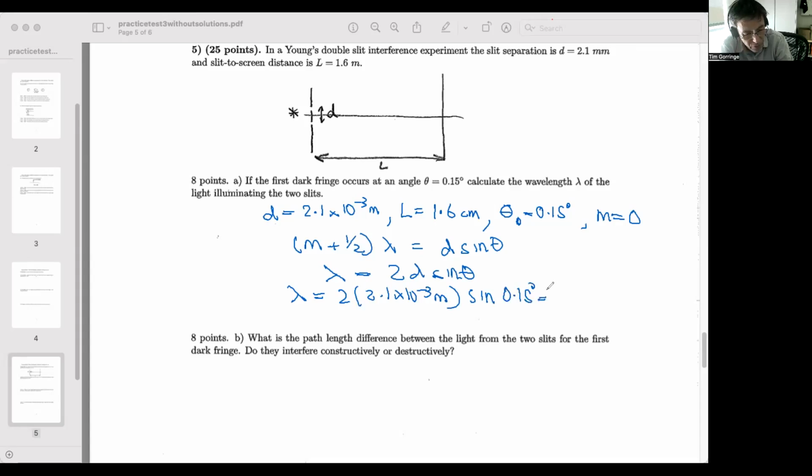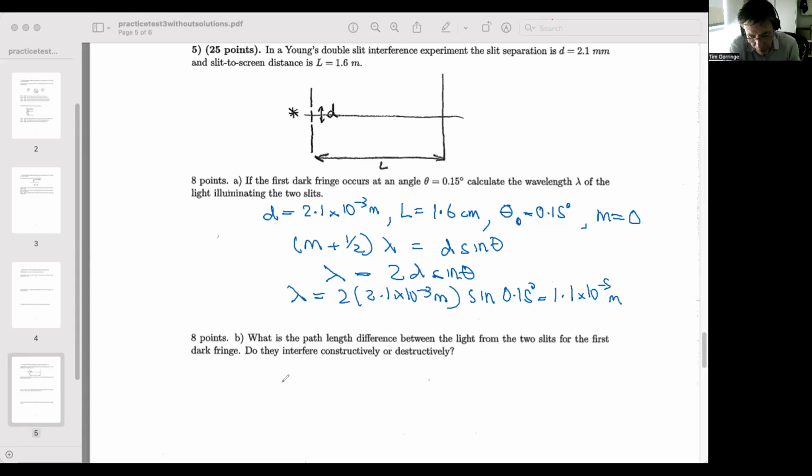If I plug in all those quantities, I get a wavelength for the electromagnetic radiation of 1.1 times 10 to the minus 5 meters. And so that's the wavelength. This is not visible light in this case. This wavelength is about 10 microns, while visible light is a handful of tenths of a micron. So this is not visible light. This is actually infrared light.